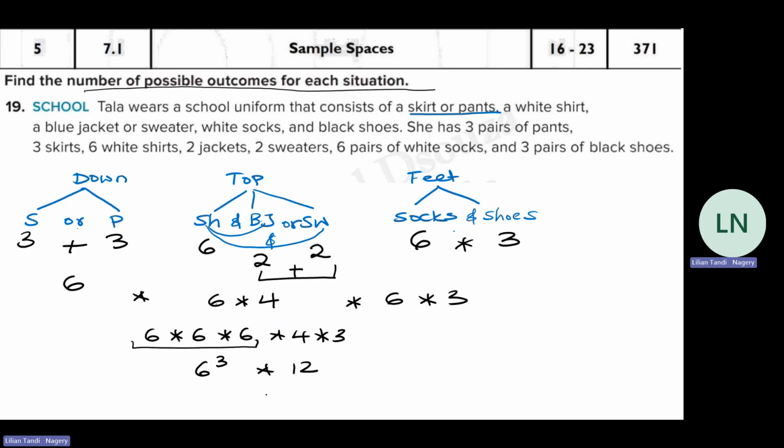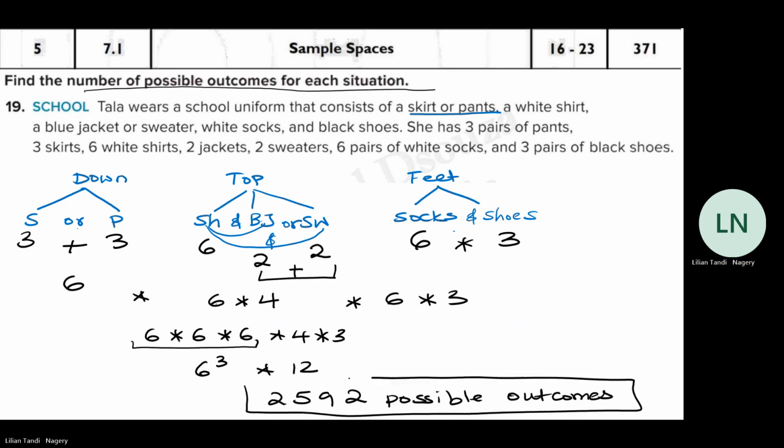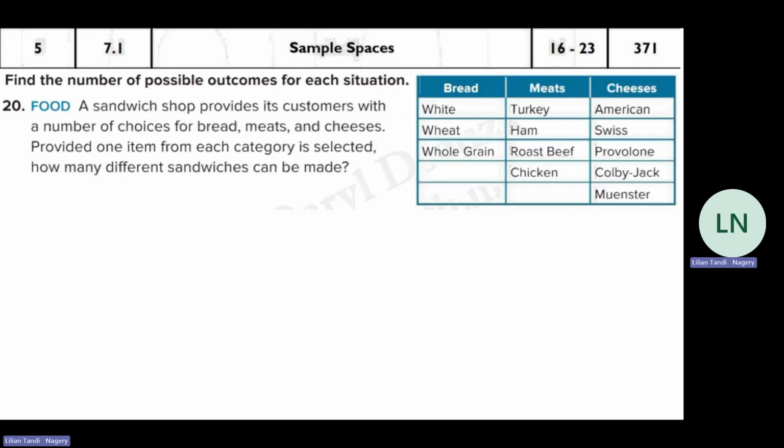And that should give you 2592 possible outcomes. And you box your answer. Okay? All right, we move on.